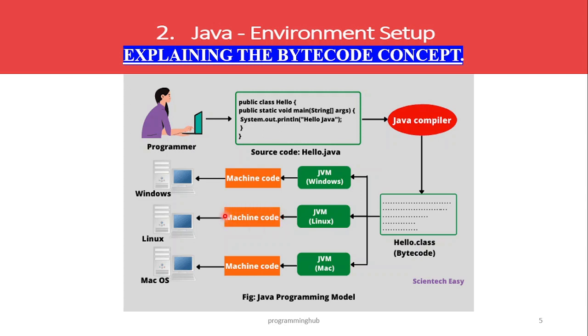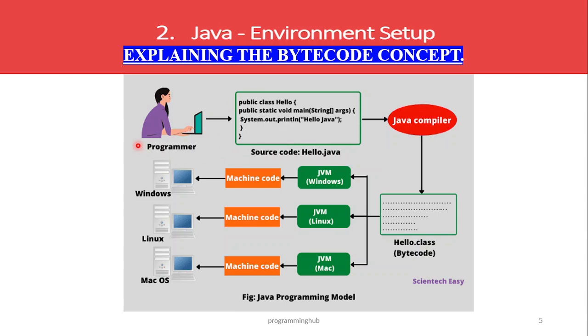These are the zeros and ones which can run on the Linux operating system. The same process happens with the Windows JVM, which equally converts the bytecode to machine code, and this machine code can now execute on the Windows operating system.